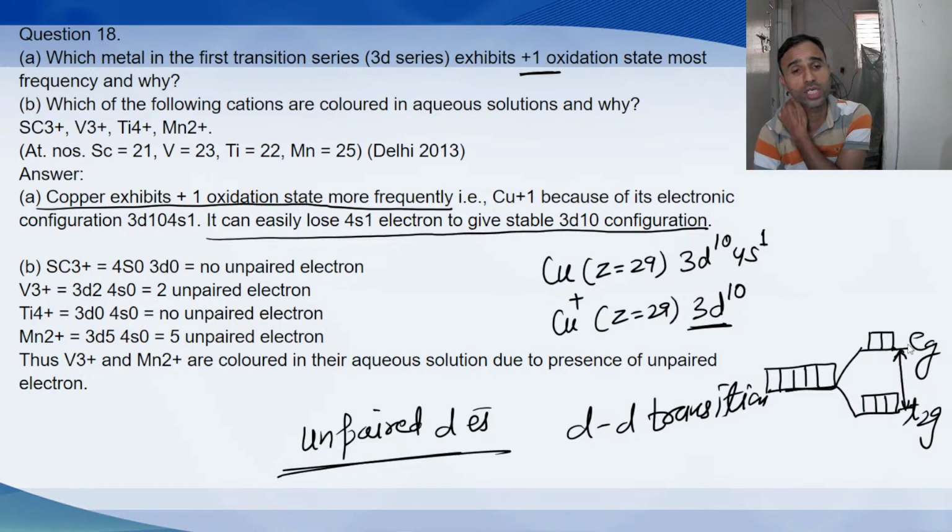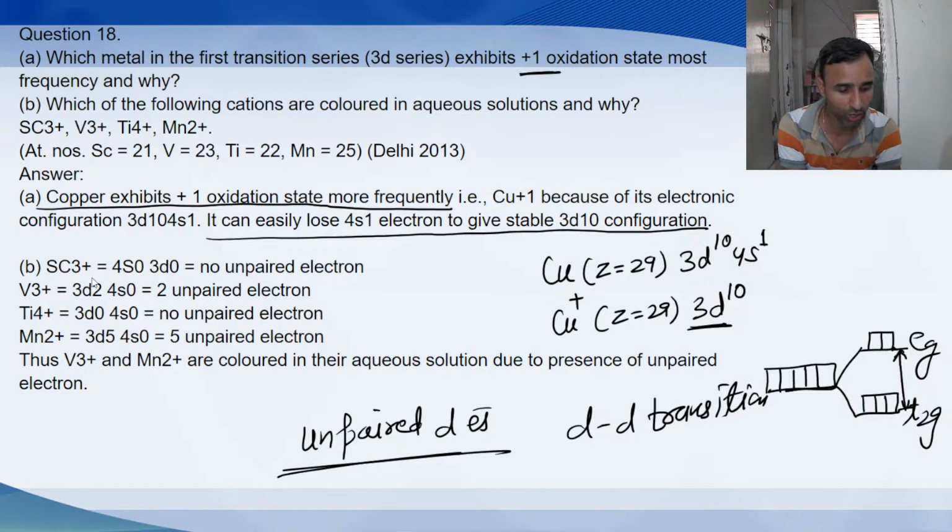Okay, so just look at the ions, see whether they have unpaired electrons or not. If they have unpaired electrons, they are colored. If they don't have unpaired electrons, they are colorless, because in that case there is no d-d transition. If it is d0 or d10, then they are white, or we can say colorless. In chemistry language, we call them colorless.